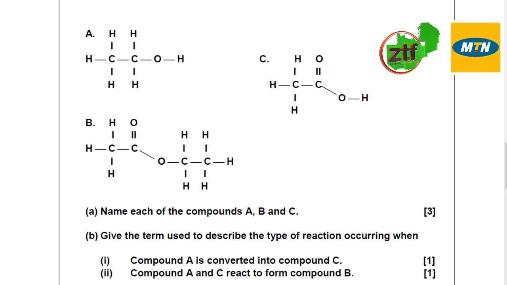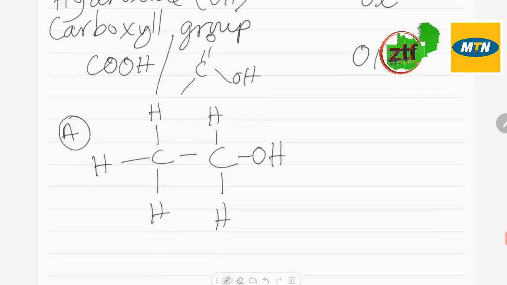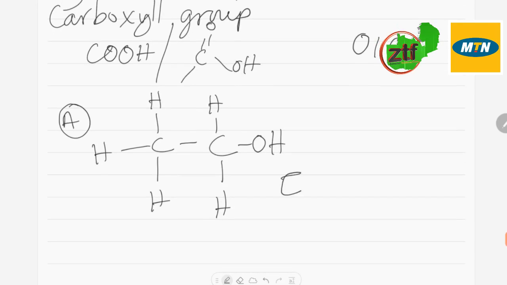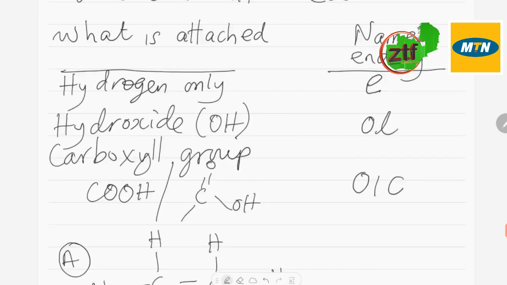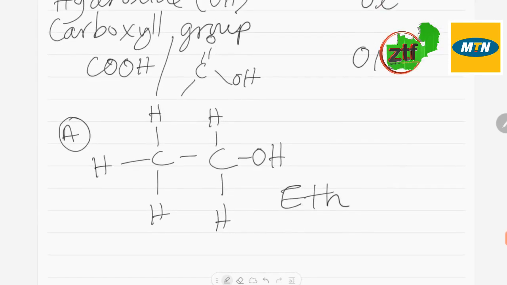We're told we consider the number of carbon atoms. If the number of carbon atoms is 2, it means the first part of the name becomes ETH. If the type of bond present is single, we are told there that the middle part becomes AN. So this becomes ethane.